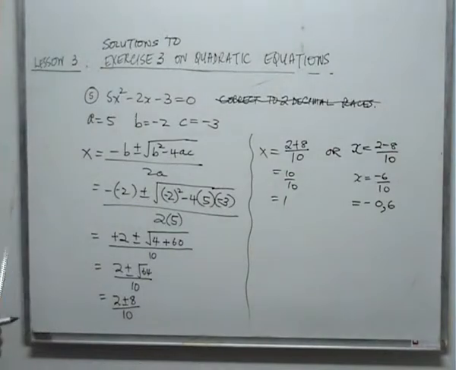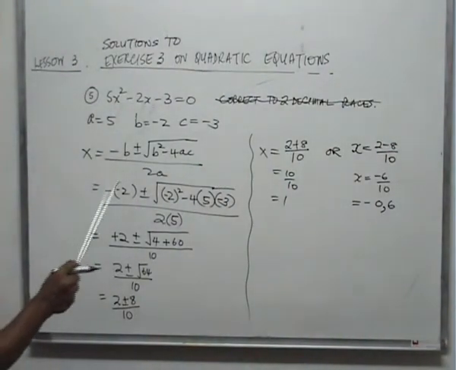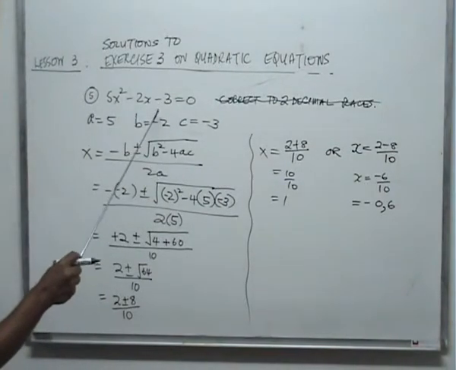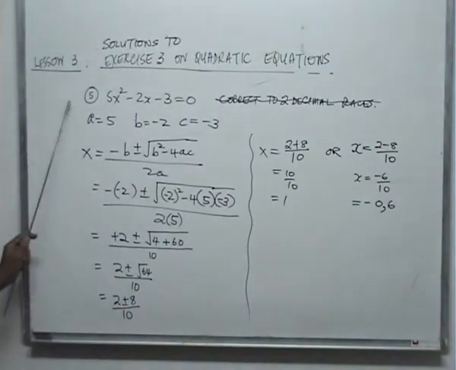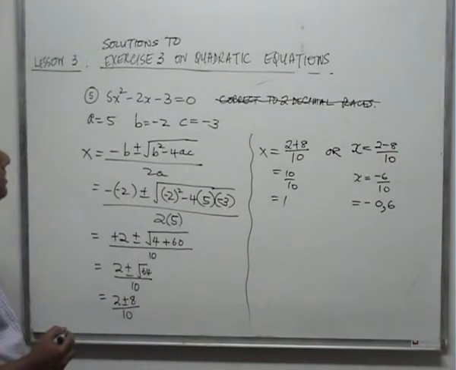This one will factorize if you try to factorize it. But if you felt that no, it can't factorize, you don't know what the factors are, you just use the formula and you get the answers. Just out of interest, this one factorizes as follows.